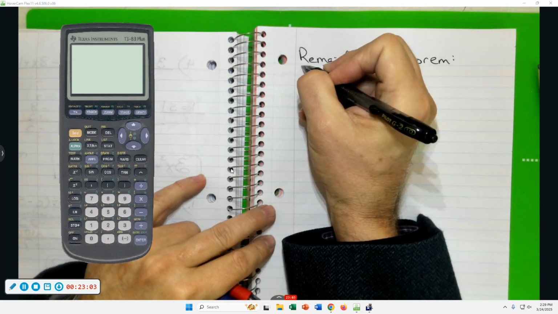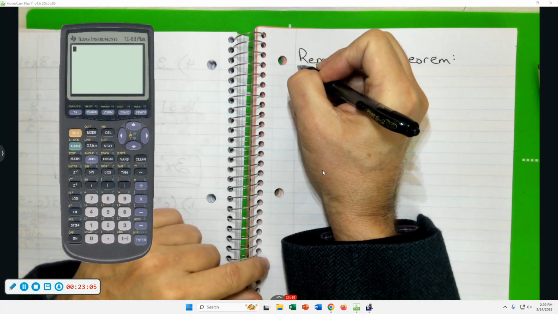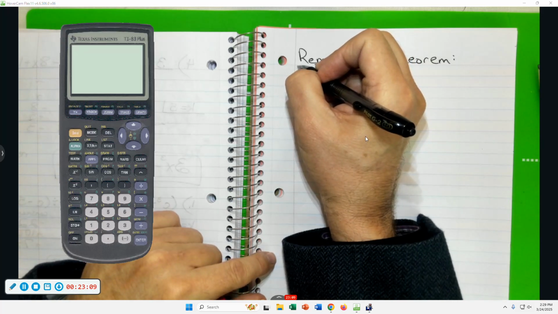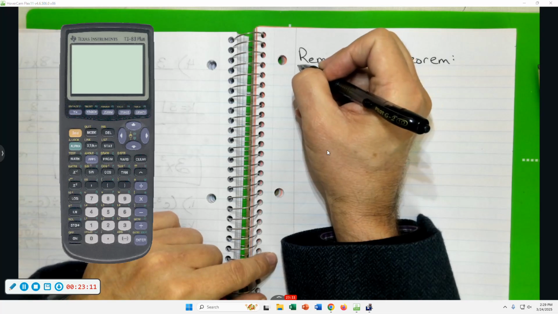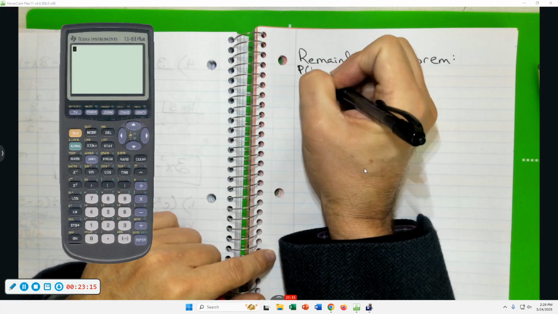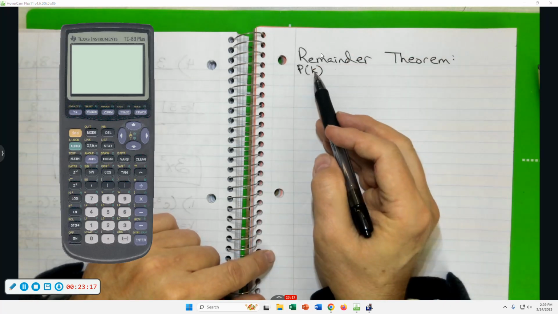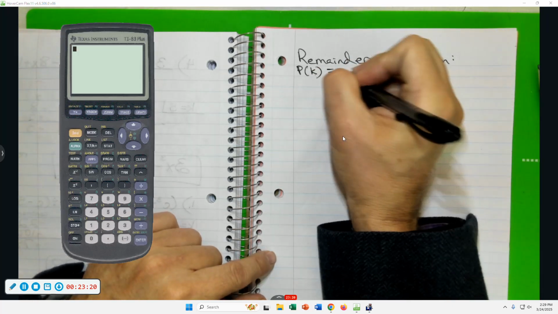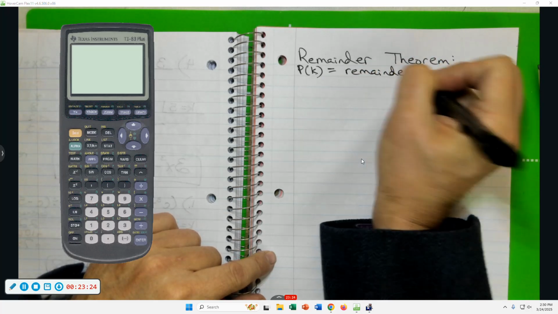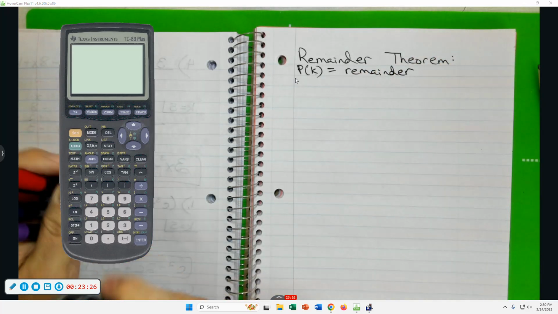Well, I doubt they knew the details of what the remainder theorem actually said. The remainder theorem says, okay, if you evaluate a polynomial function at the number k, you're going to get the number that's the remainder if you divide it by x minus k.